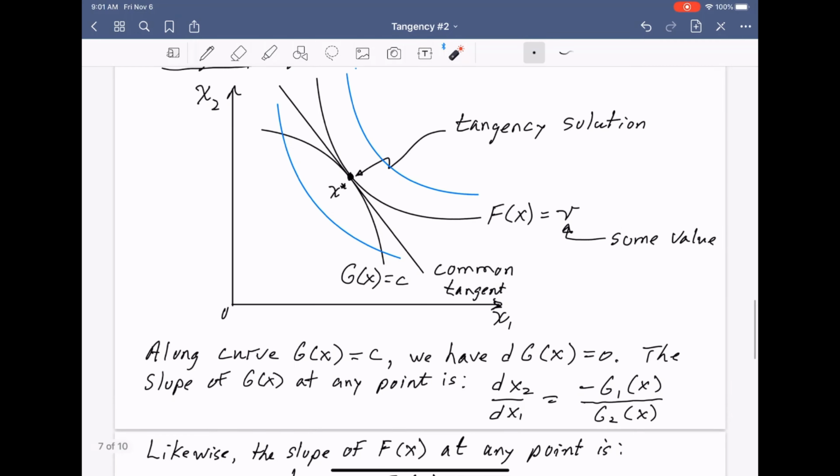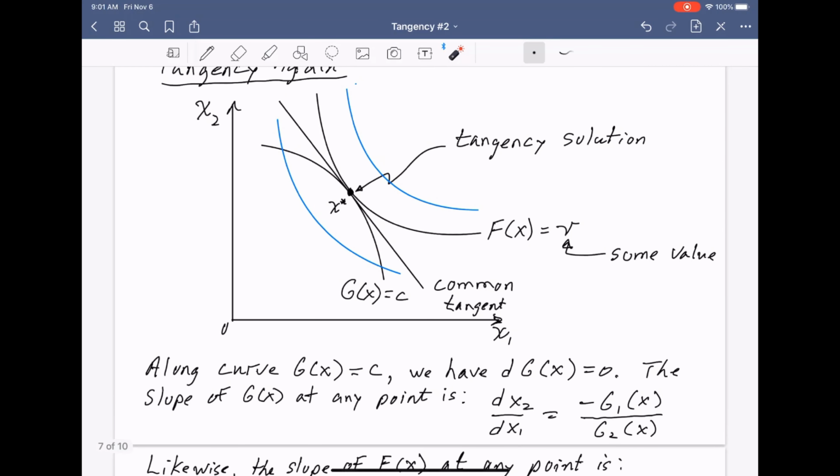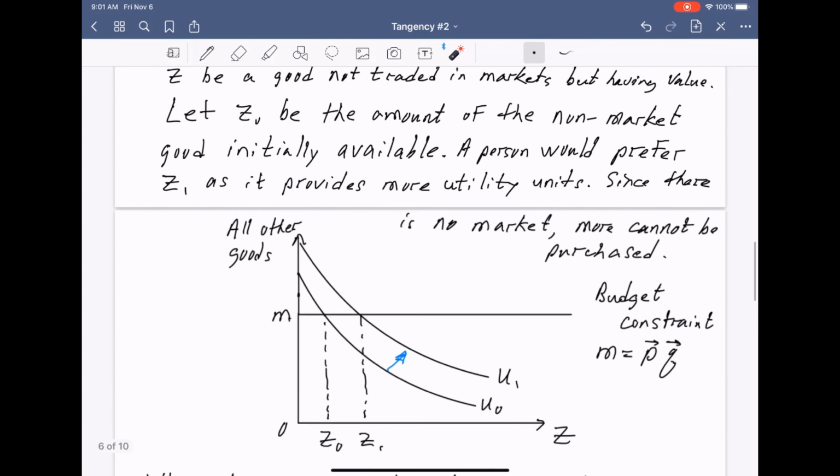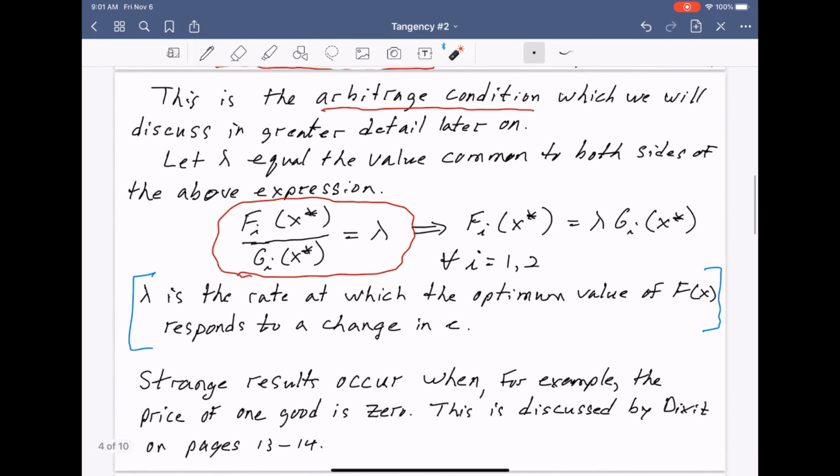So along this curve g of x, all right, c is common. So if it's your budget constraint, which would be generally linear but not always, we find that this curve here would have the same amount of income being spent. All right, and along this curve we have that any change in g of x has to be 0. So that brings us back all the way to this function up here.